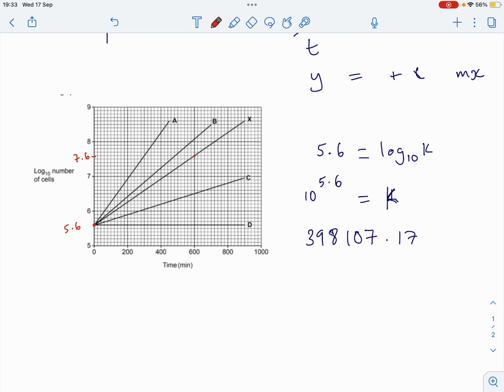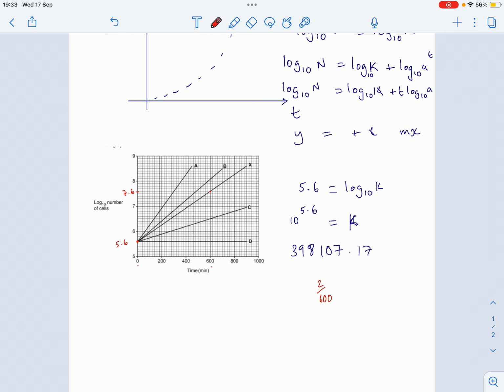So then that means that the change in y is 2, and I've gone from 0 to 600. And that's going to be equal to log base 10 of a.